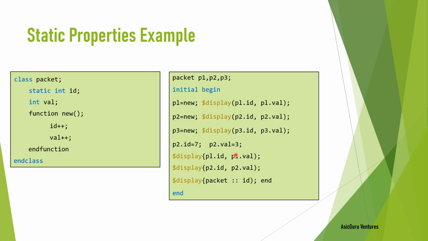So when we again display values, p1.id would print 7 because id is a shared variable, but p1.val is still 1. p2.id would print 7 and p2.val 3 because we have modified it here. And finally, when we print the value of the static variable using class name and scope resolution operator, it would print the final value, that is 7.